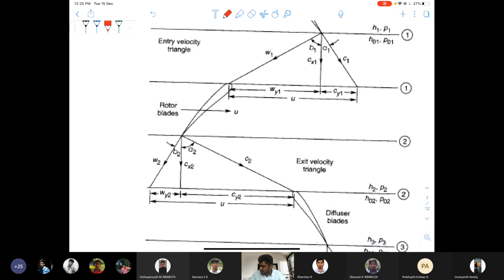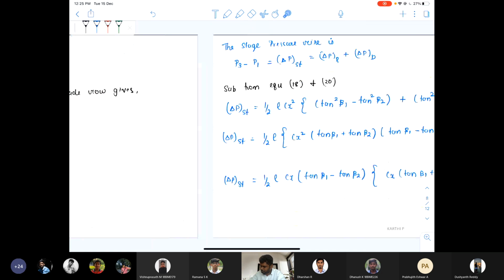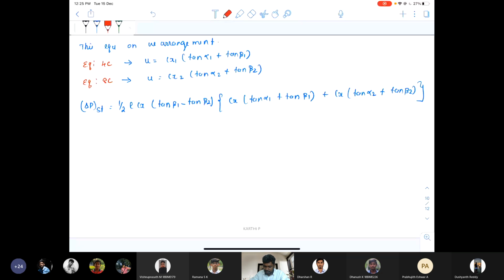The peripheral velocity is kept constant in the inlet and the outlet velocity triangles. Therefore, delta P at the stage will be equal to 1 by 2 times rho Cx into 2u into tan beta 1 minus tan beta 2.